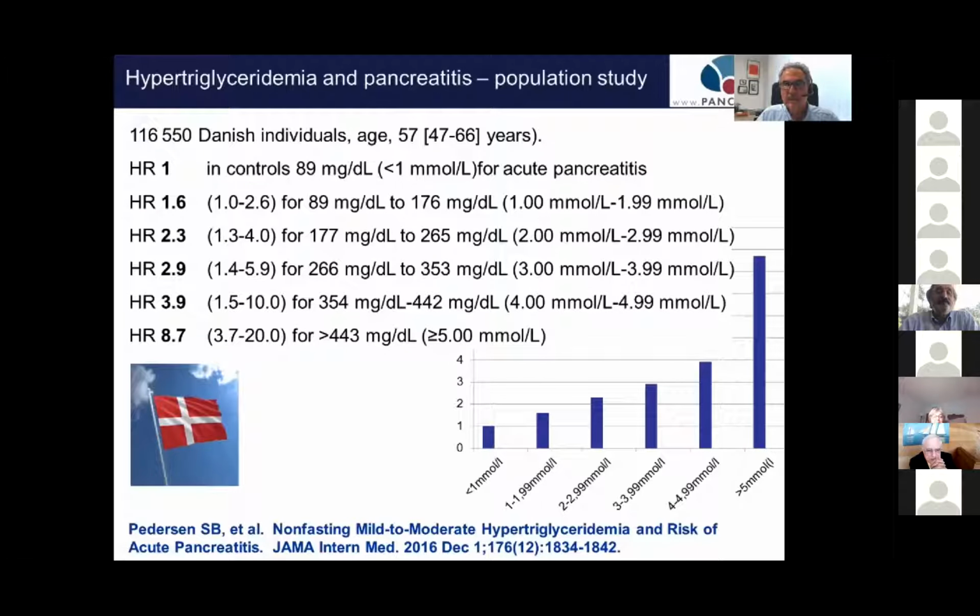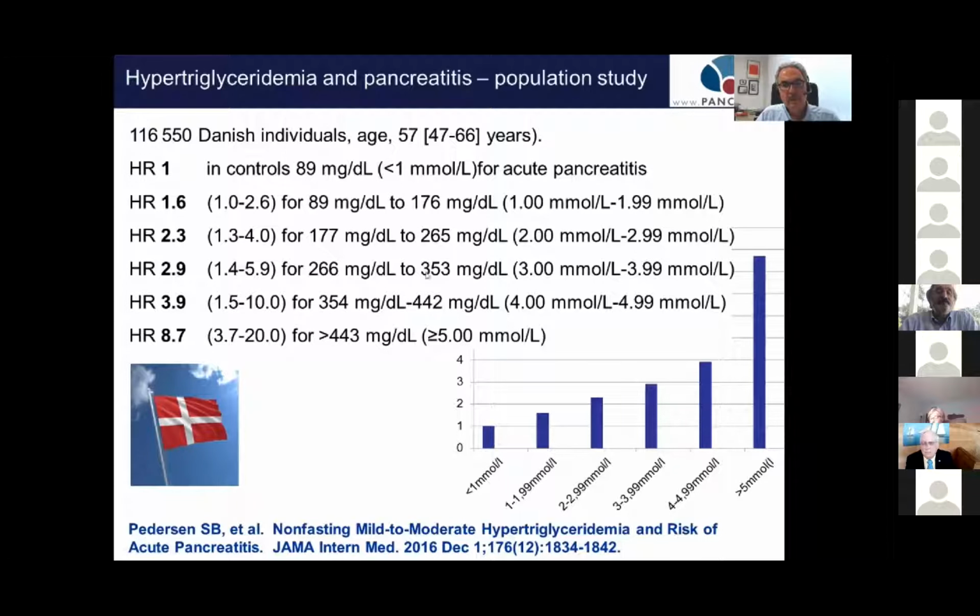There's a very elegant study from Scandinavia. It's a population-based study, and they had access to data from almost 120,000 Danish patients. What they found is that even mildly elevated triglycerides, here we're talking about twice the upper limit of normal, already doubles your risk of pancreatitis.